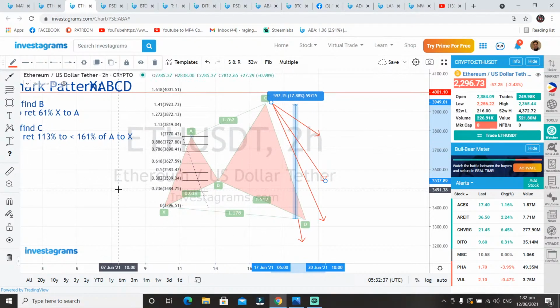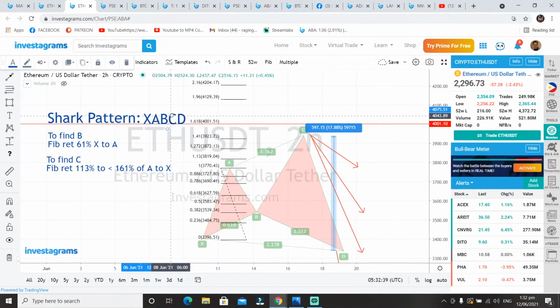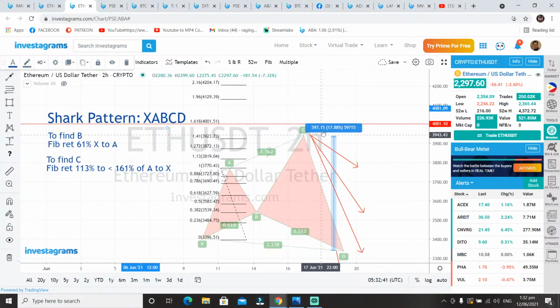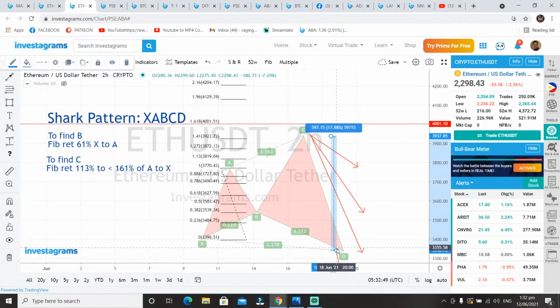That's one of the things that helps us in computing our risk to reward ratio. You'll only have a risk of less than 2%, but from here you'll have a reward that's already 1:2, or more than 1:2. Here, you'll have about 7.5 or 7. Here, you have more than 9 or 12, a 1:12 risk to reward ratio.